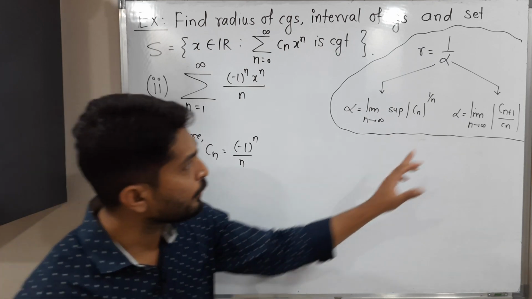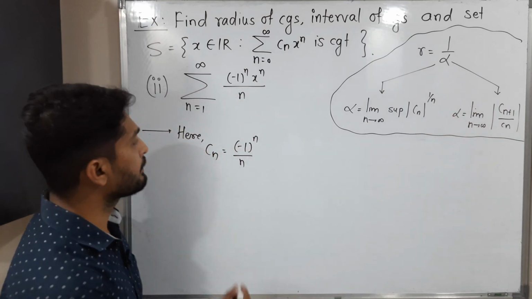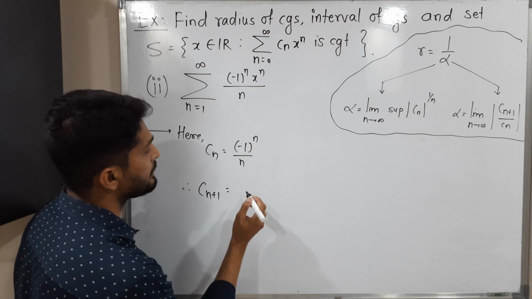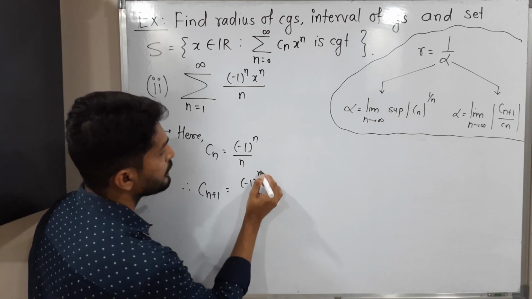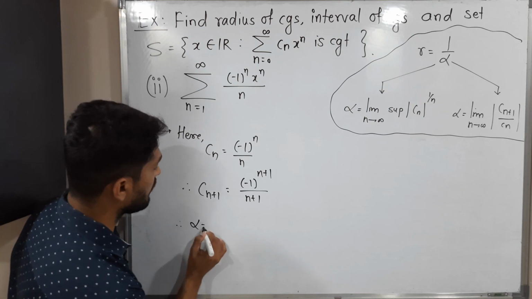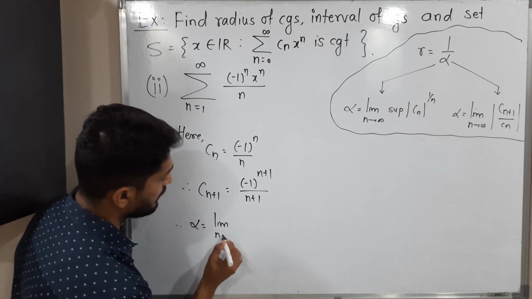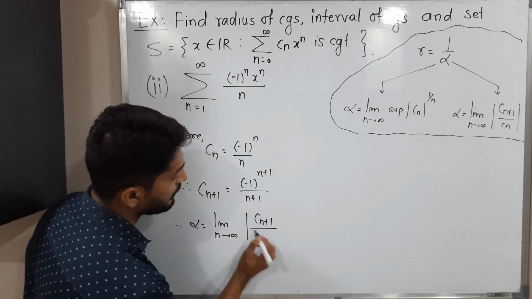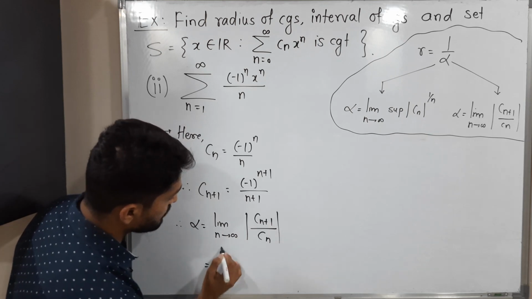In the second formula we need to have Cn plus 1. Let us find Cn plus 1. It's a very simple thing. Simply replace n by n plus 1. Minus 1 raised to n plus 1, and in the denominator also I can do the same. So therefore alpha is limit n tends to infinity of mod Cn plus 1 upon Cn. So let us put values.